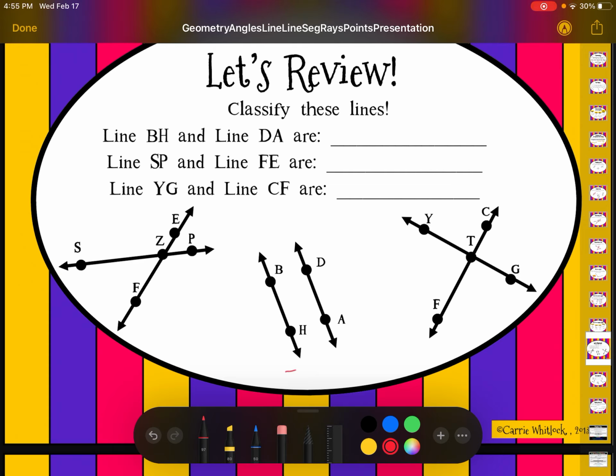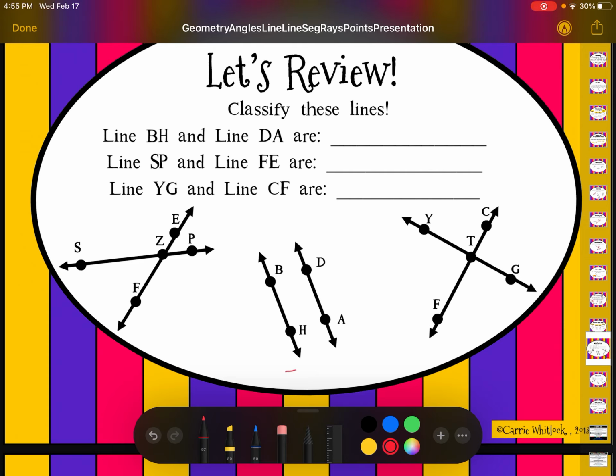All right. Now let's classify these angles. Do we have obtuse, acute, right? So looking at angle BZY, we can see that that angle is over here, and I can tell that that's greater than 90, so I would call that an obtuse angle.